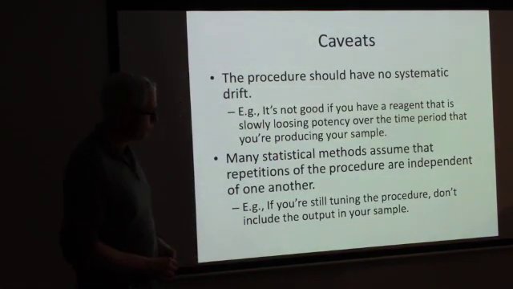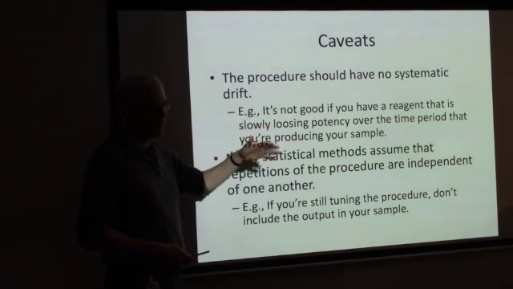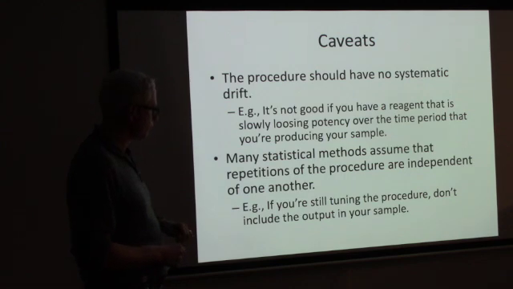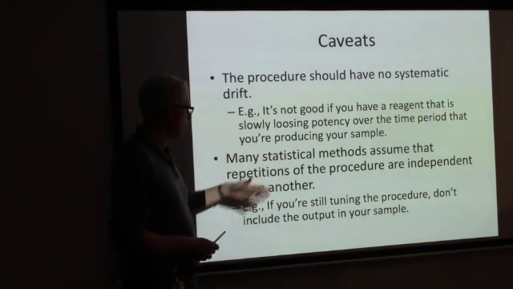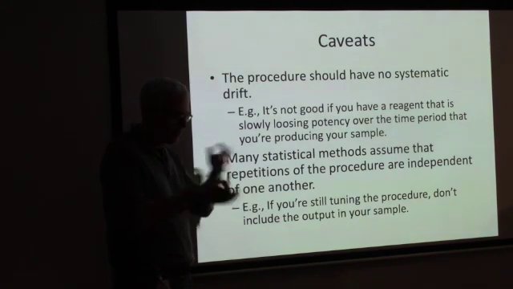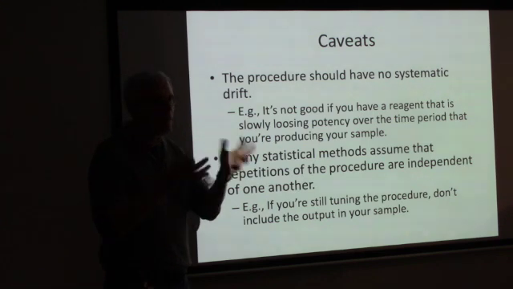Okay, some caveats. The procedure shouldn't have systematic drift. So if you have a reagent that's slowly losing potency over time, it's not going to approach a mean. And many statistical methods assume that the repetitions that we've done to produce a sample are independent of each other.